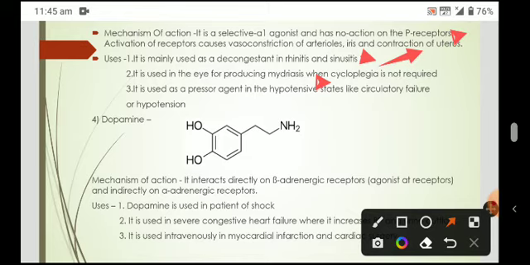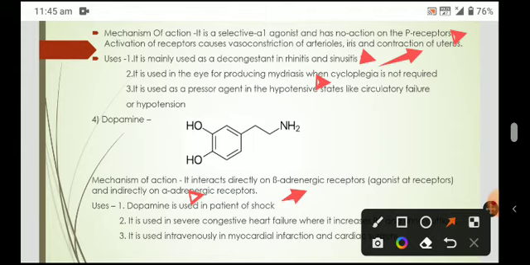Now moving toward the fourth drug, that is dopamine. First thing, its mechanism of action. It interacts directly on the beta adrenergic receptors. It directly binds with the beta adrenergic receptors and indirectly with the alpha adrenergic receptors.